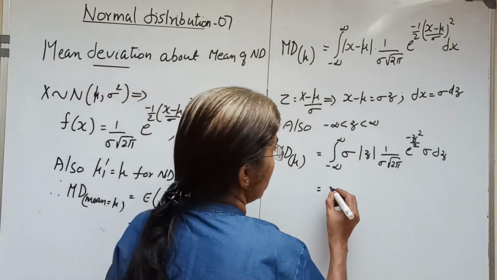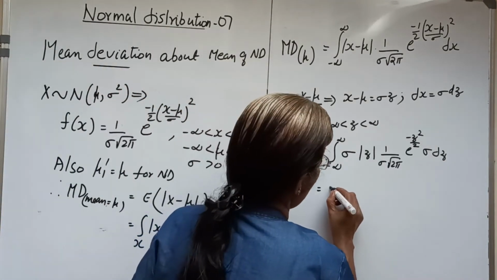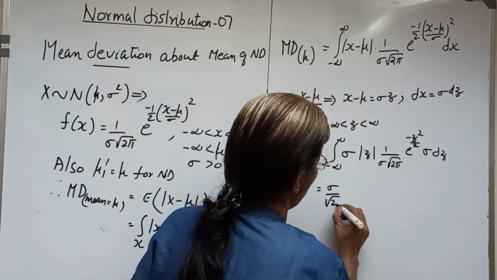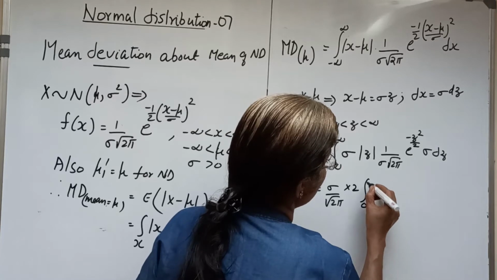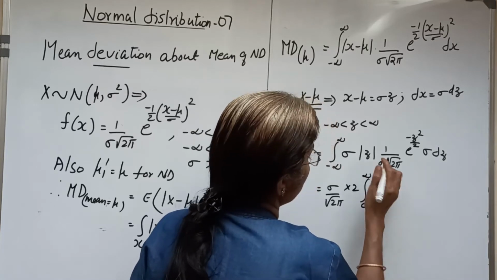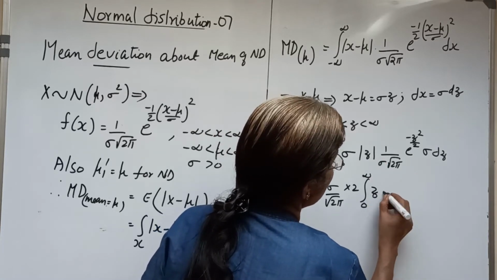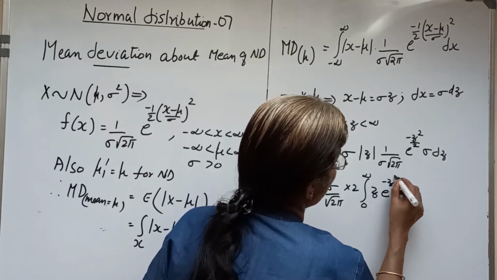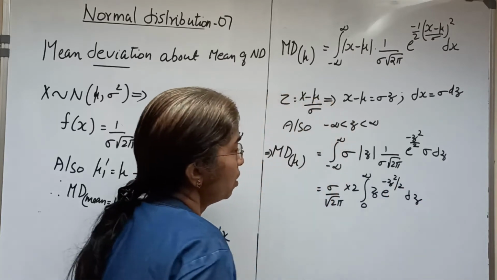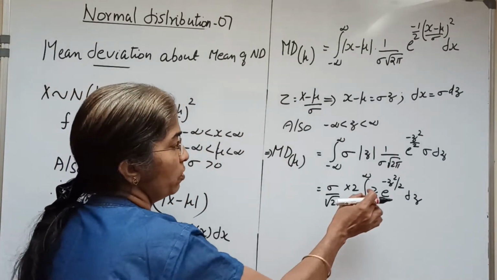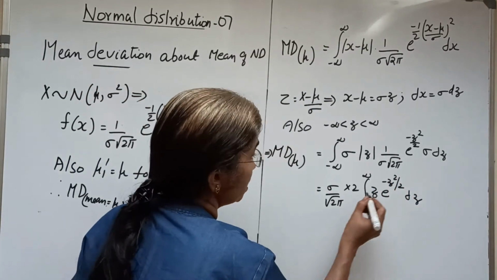So that we can write this as sigma by root of 2 pi into 2 into integral 0 to infinity, mod z can be written as z, e raised to minus z square by 2 into dz. Now we want the substitution z square.